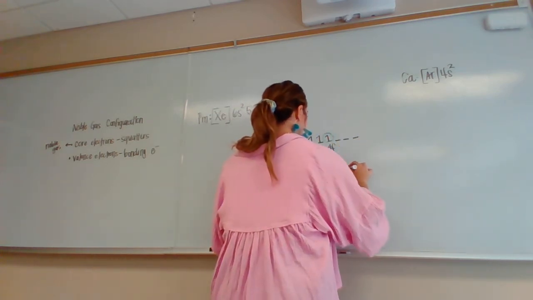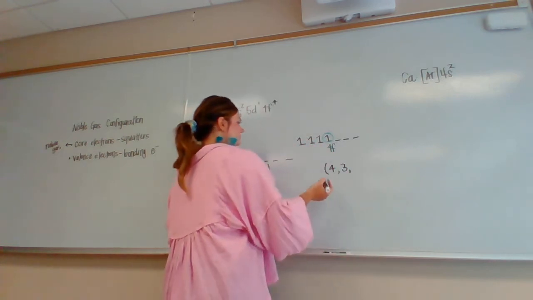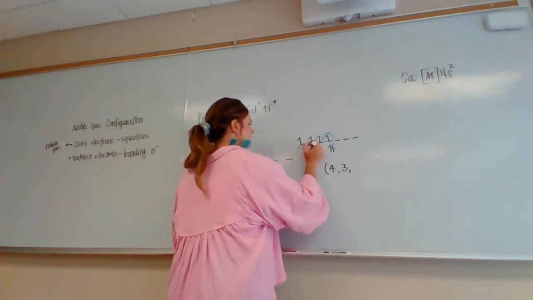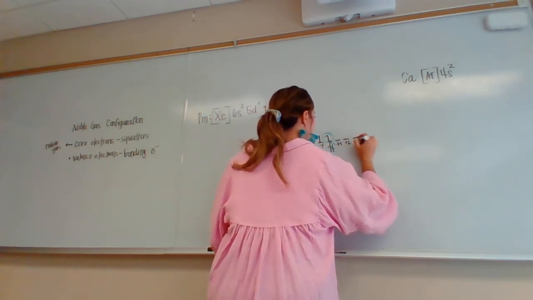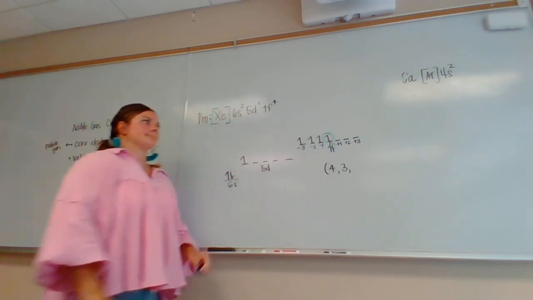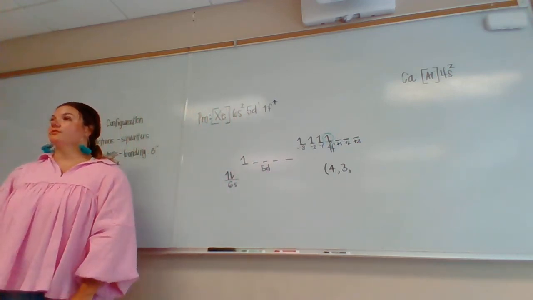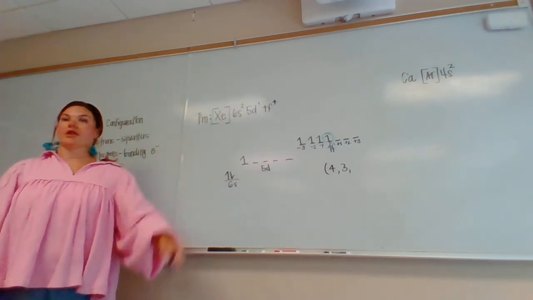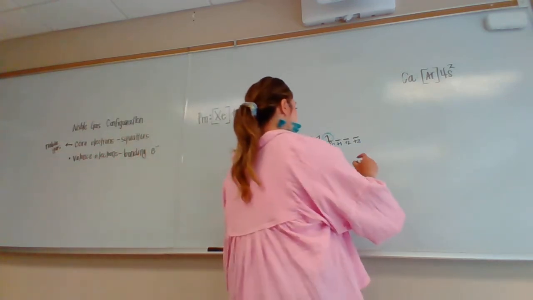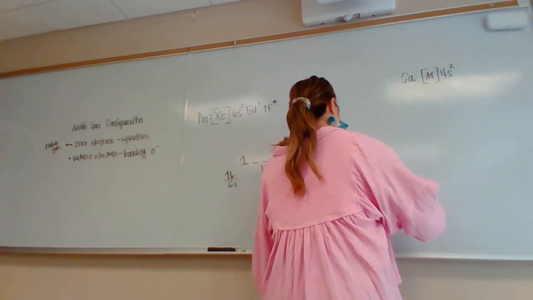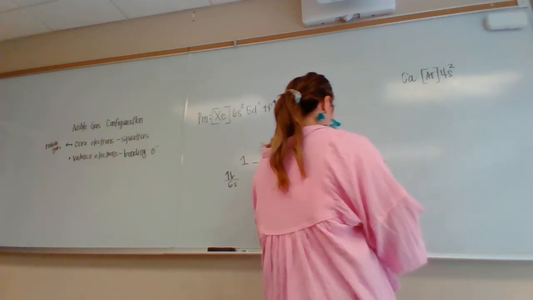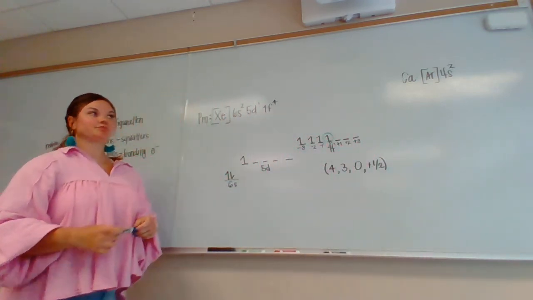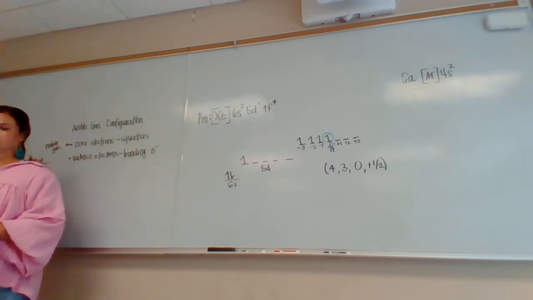My m sub l, I'm going to start at -2, -1... So the m sub l is going to be 0, so it's in the 0 orbital in the F block, so my m sub l is 0. I'm spin up, so positive 1/2. That's your m sub s.